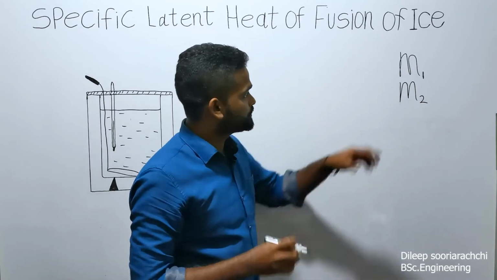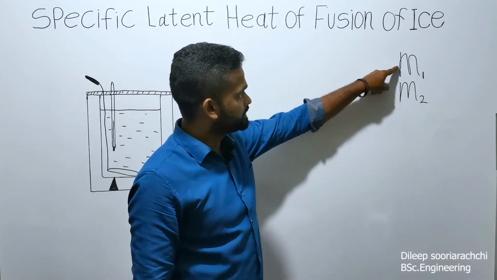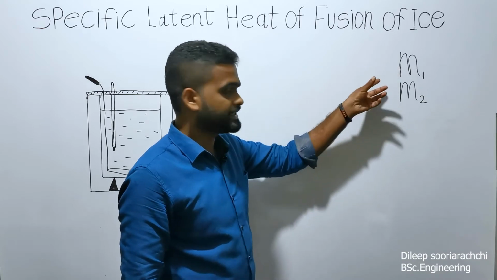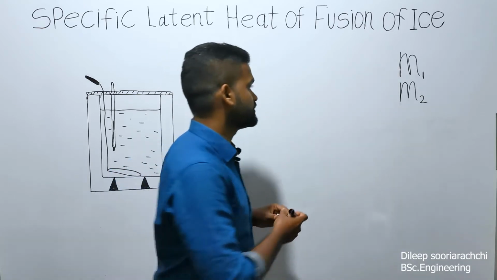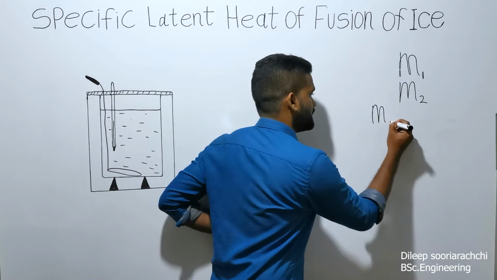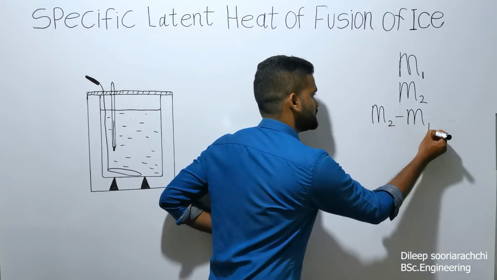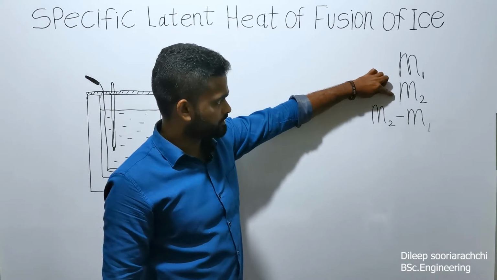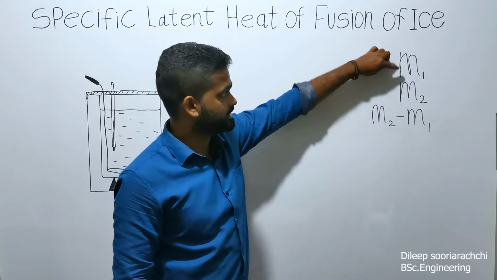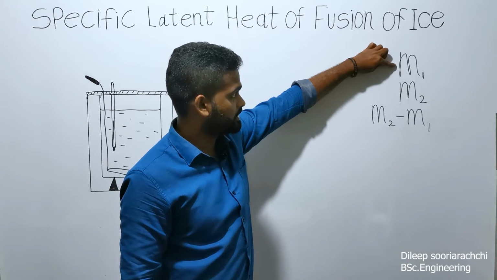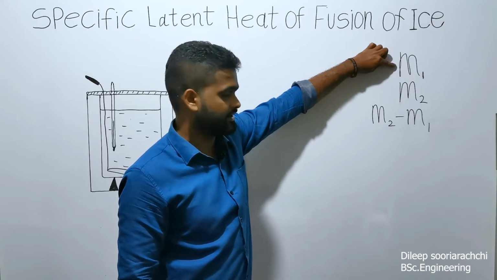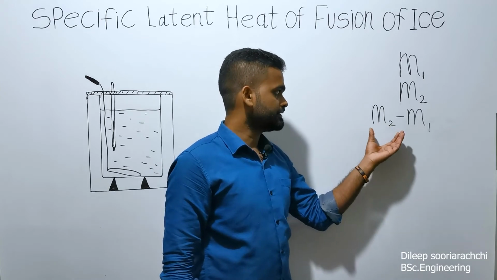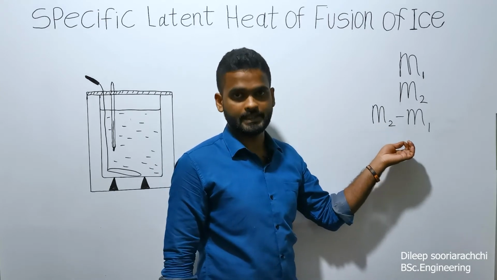If we subtract M1 from M2, that is M2 minus M1, we get the mass of water only.